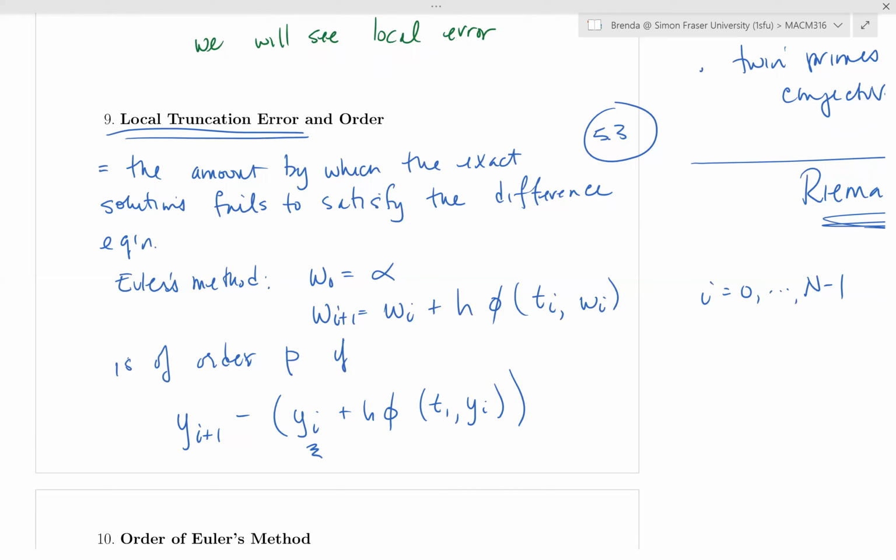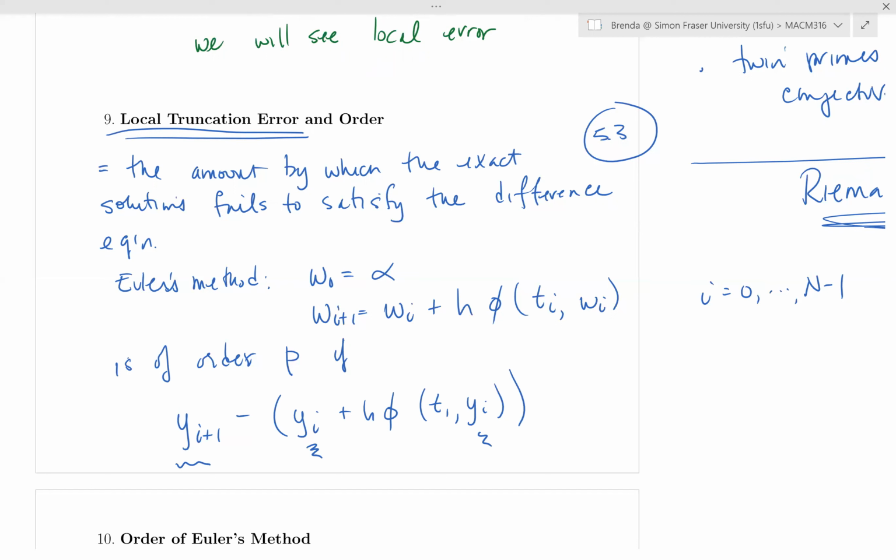So this is the exact number from time i. I'm going to apply the approximation to the exact solution at time i, and then I'm going to take the exact solution for time i plus 1 and see how much it is.